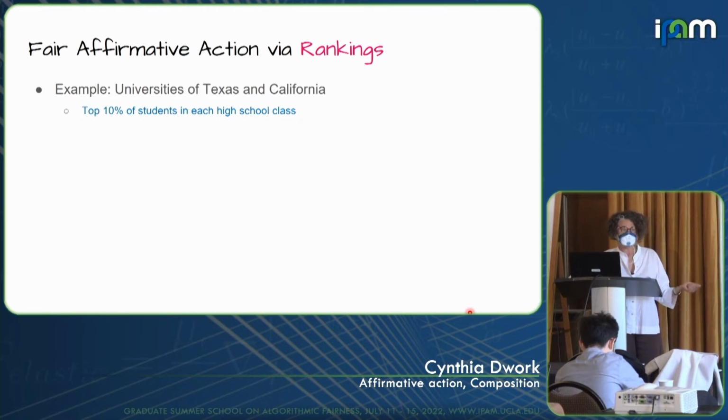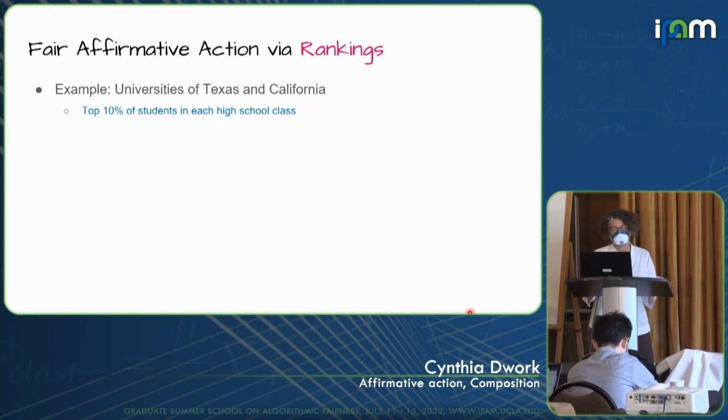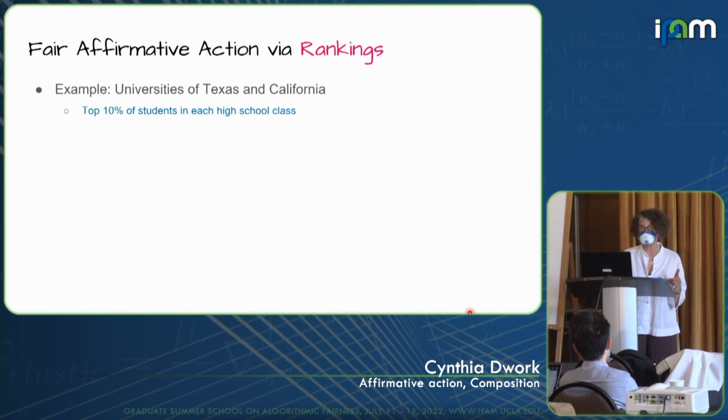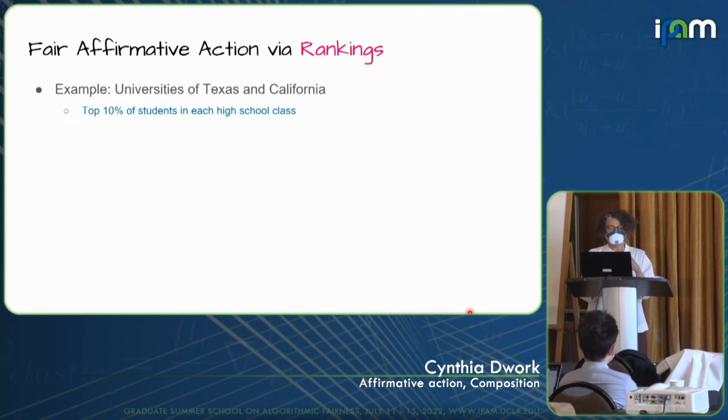The University of Texas school system and the University of California school system ensure that within every high school class, the top 10% of the students will get admission to at least one of the respective University of Texas or University of California campuses. Since this is the top 10% of students in each high school class, the high school classes are disjoint, and so we don't have intersections.